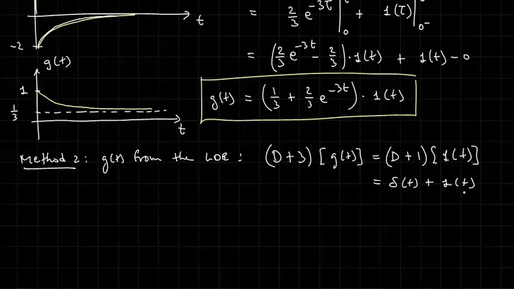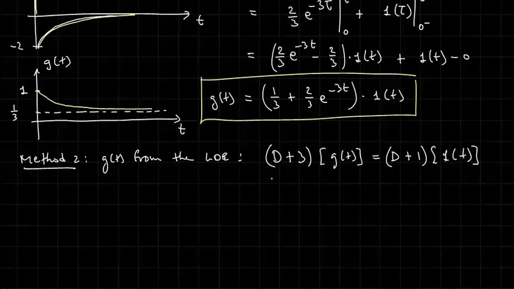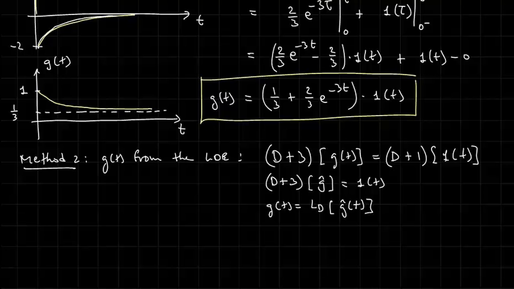But that might not be apparent, and in general we may not have a driving operator that's simply d plus 1. So the alternative is to define a system d plus 3 g hat equal to the unit step, and then define g of t as being equal to the driving operator operating on g hat of t.